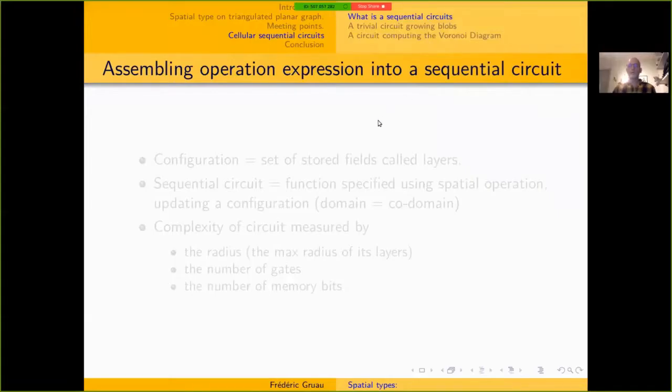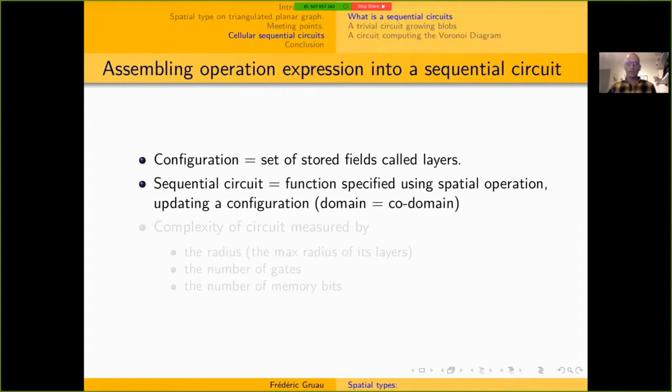Let us now look at how to build sequential circuits which can be iterated. A configuration is just a set of stored fields called layers. And a sequential circuit is just a function, specified using spatial operations, updating a configuration.